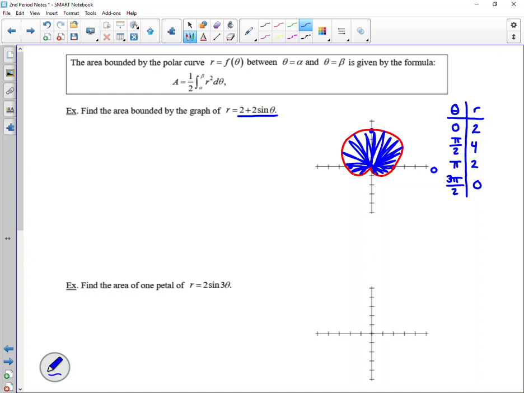So we have the 1/2 on the outside, and then the integral from, we want the whole thing, so 0 to 2 pi of r squared, so (2 plus 2 sine theta) squared d theta. Okay, I'm going to show you how to solve these by hand.